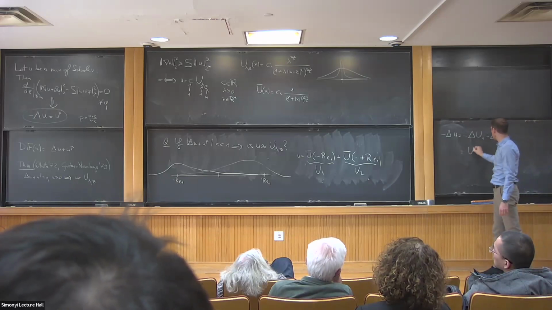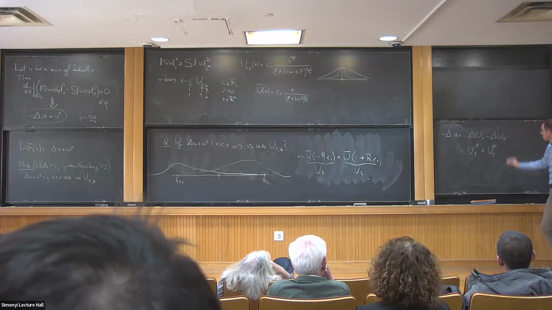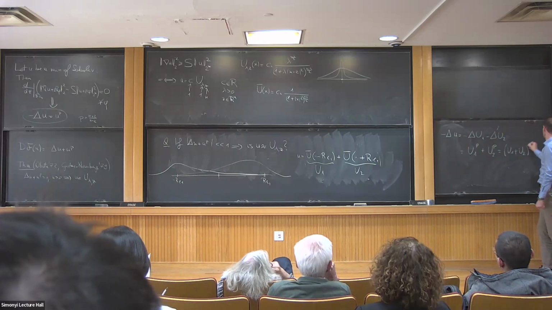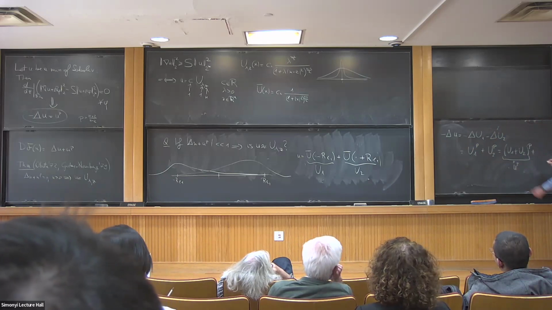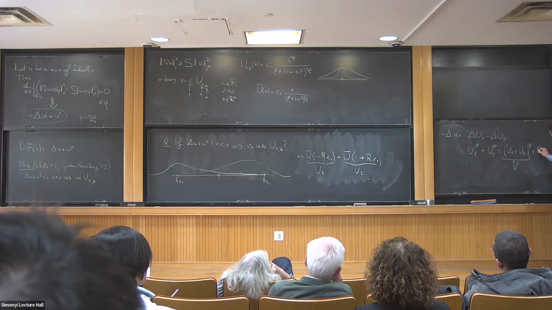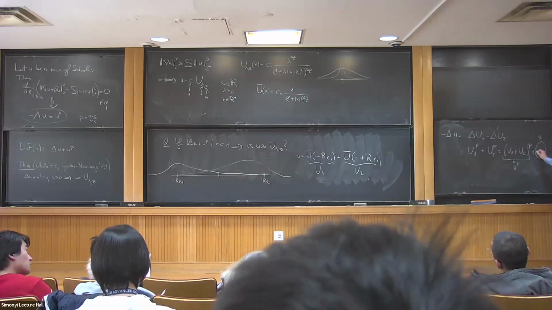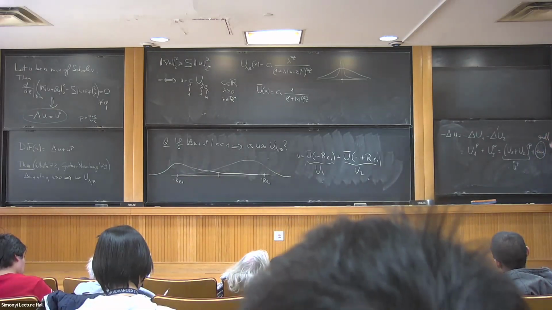So this is U1 to the p plus U2 to the p, which is different from U1 plus U2 to the p, which would be like my U to the p. But the error you make between these two functions is a remainder R, and this is very, very small. R is a bad notation, because I use that. So it's some error. And this is very, very small, right?